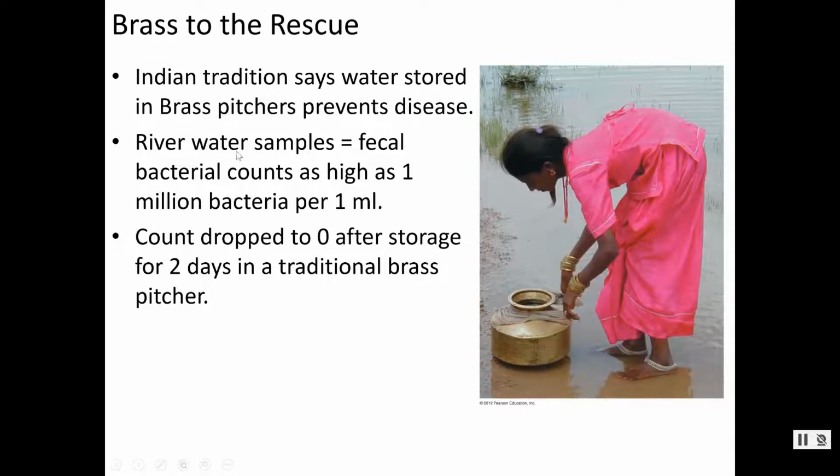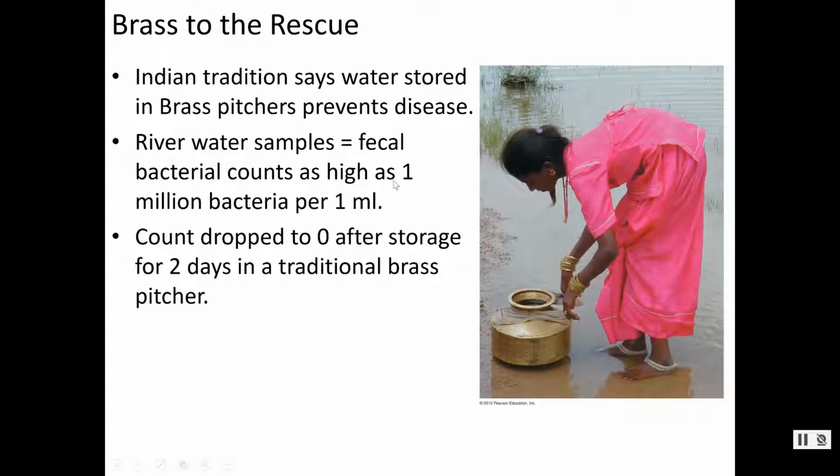And so they took bacterial river samples, and they counted the bacteria in there. And again, this is a river that goes through the community. We've got boats, we've got washing, we've got everything in there. They're shared, with all activities, including drinking, bathing, cooking, everything comes from the one main river.